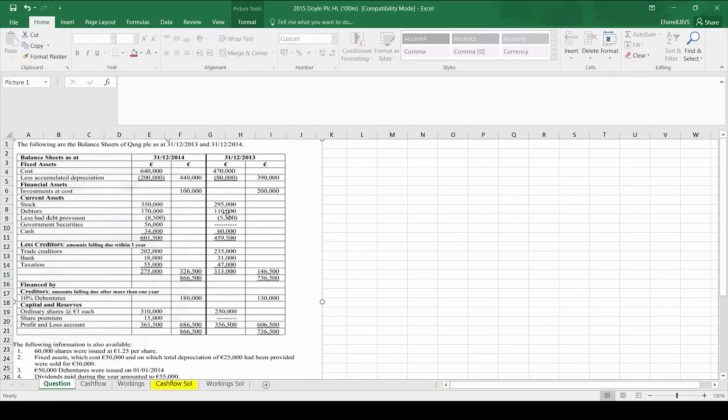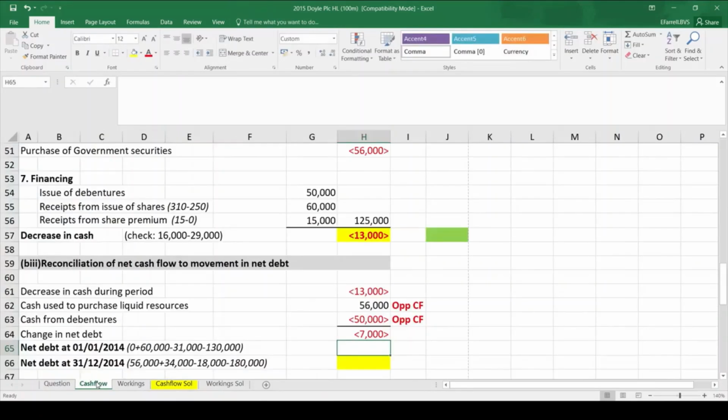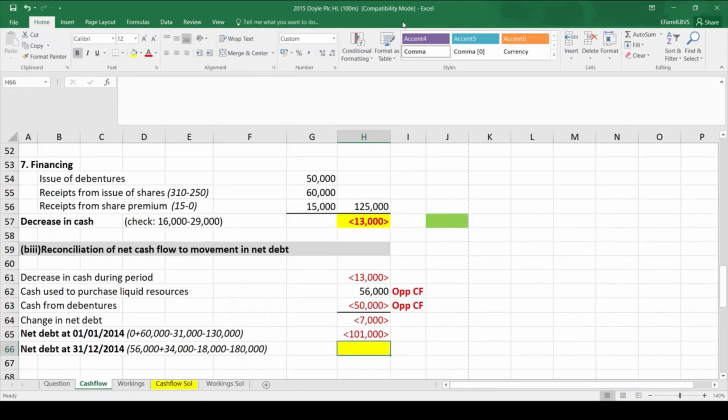So you're taking your bank or your cash, your government securities, and your loan, because they are your net debt. So it will be 0, which is the government securities at the start, plus the cash of 60, minus the overdraft of 31, minus the long-term loan or the debentures of 130, and they're minuses because they're liabilities. So they come to minus 101,000.